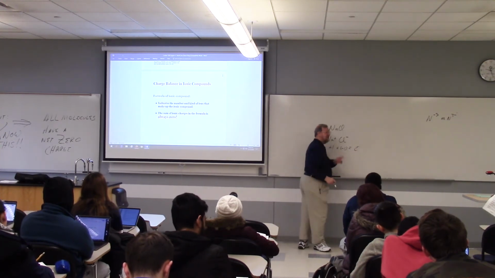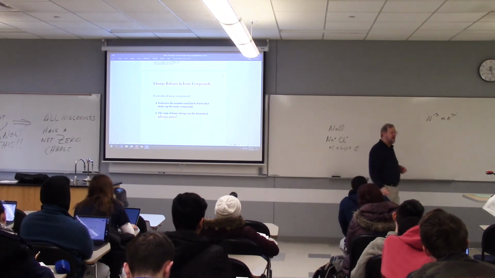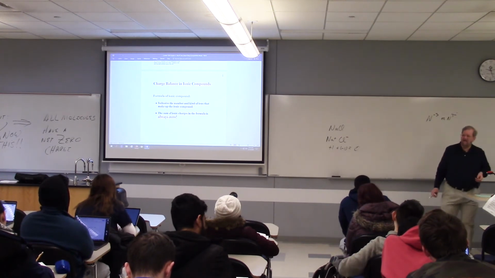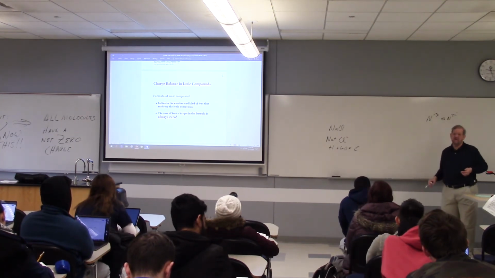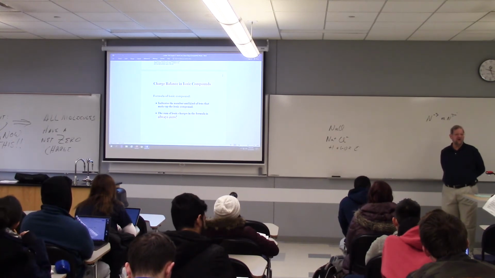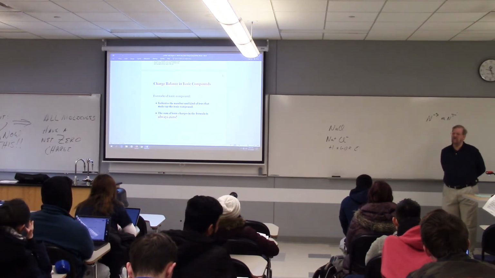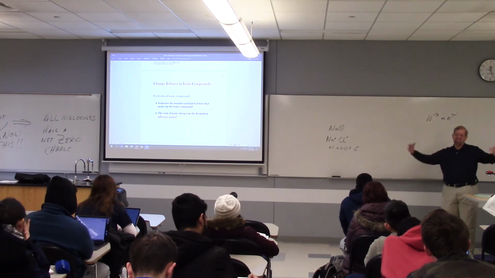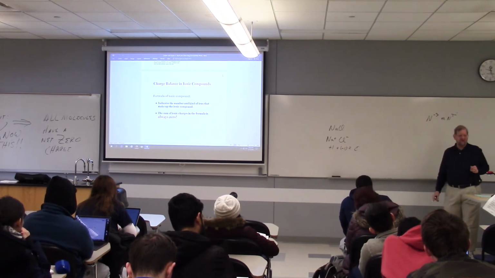That's why you only have one sodium and one chloride ion. Because if you had 2 sodium and 1 chlorine, that'd be a +2 and -1. It wouldn't add up to 0. All molecules have a net zero charge. And therefore, that's why it's sodium chloride.